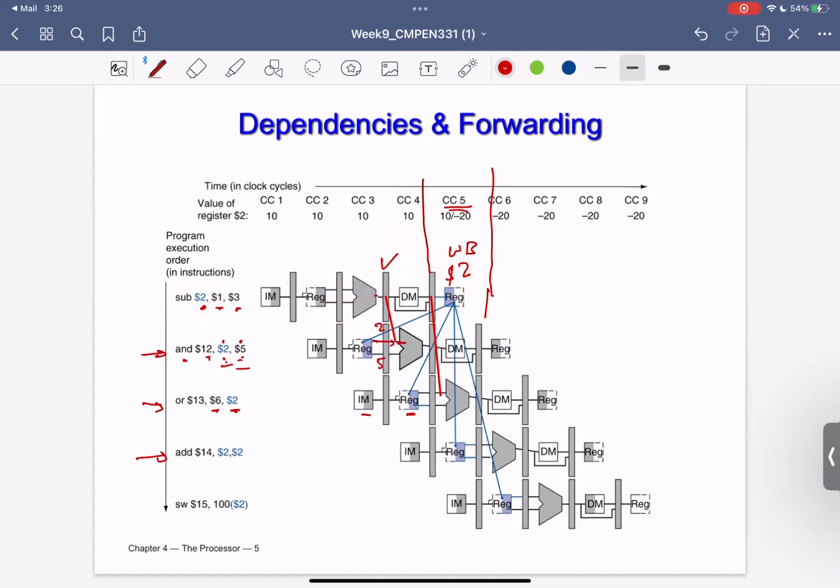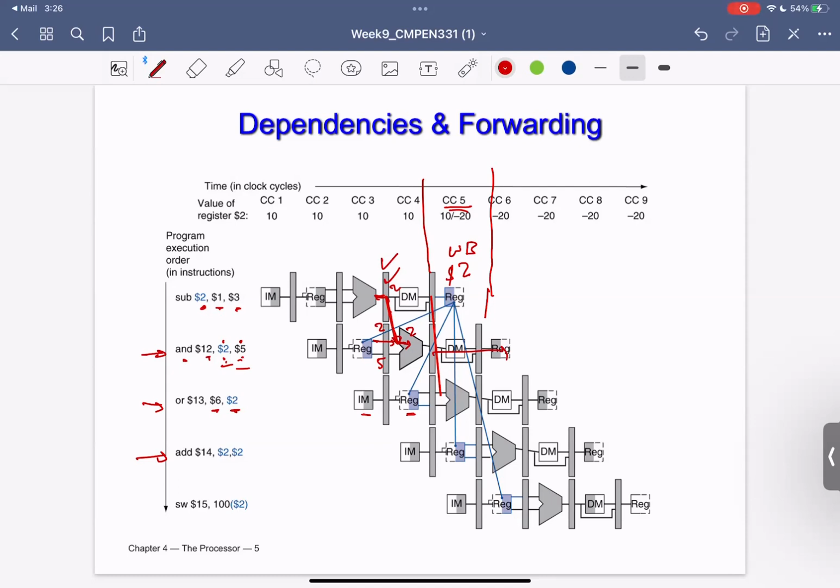Interestingly, the output of my ALU is holding the correct information of register number 2, so why not forward it to the input of the ALU? If I forward it to the input of the ALU, the ALU is getting the correct result that should have been updated later on in my pipeline stages, and then I will get the correct results moving forward.